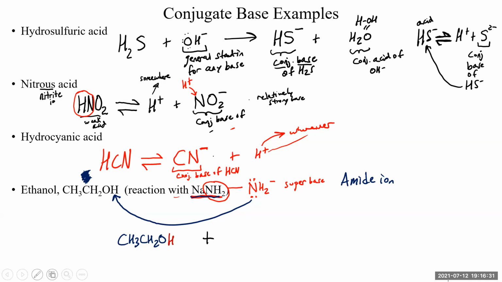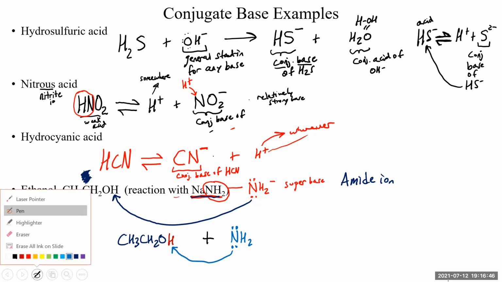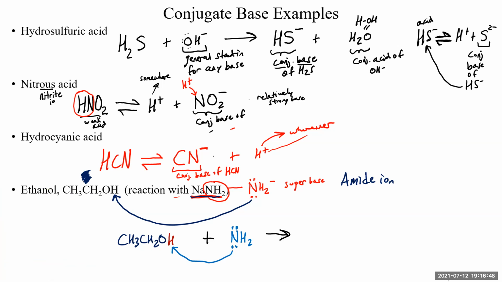The sodium is just a spectator ion, so we're not going to worry too much about the sodium. Who cares about the sodium, right? What we're going to get is the hydrogen being grabbed, so that what we get at the end of this is CH3CH2 what?